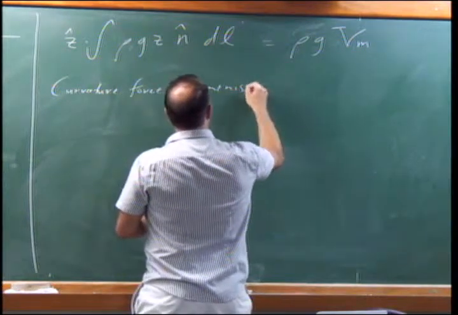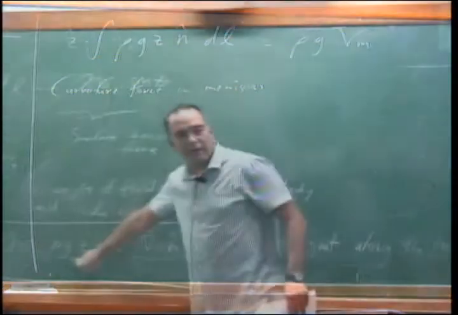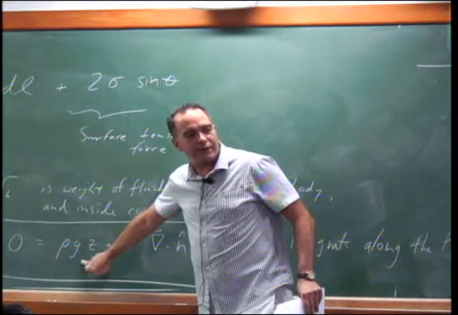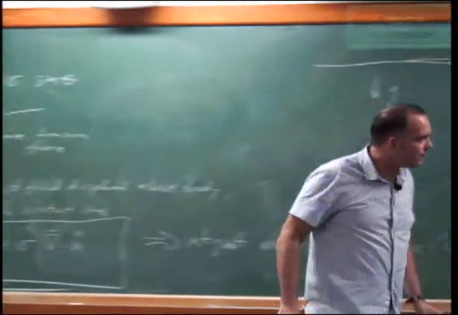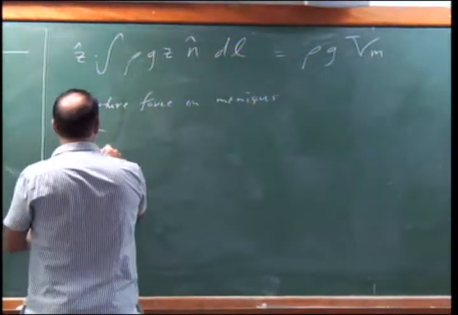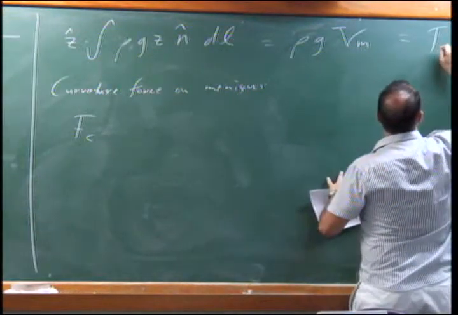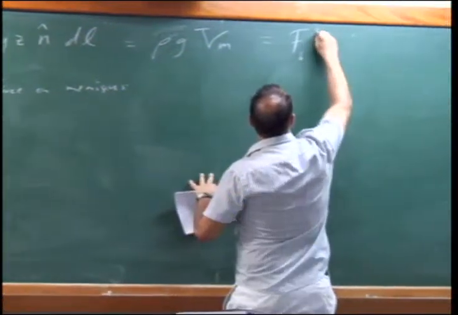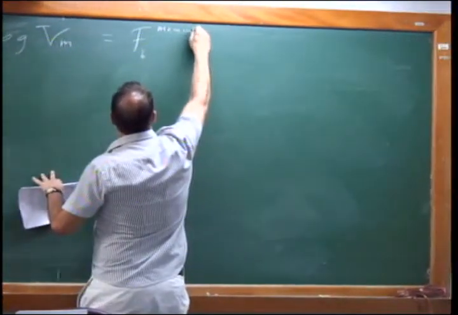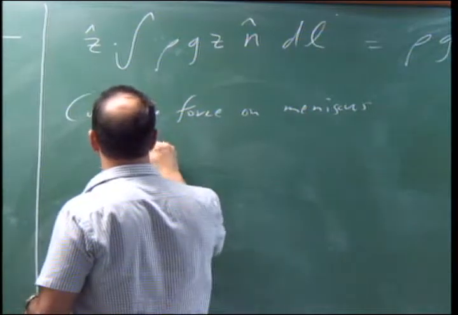So we just integrated this and took its vertical component along the interface, and now we're going to do the same with this. Let's call this F buoyancy on the meniscus. So F curvature on the meniscus.